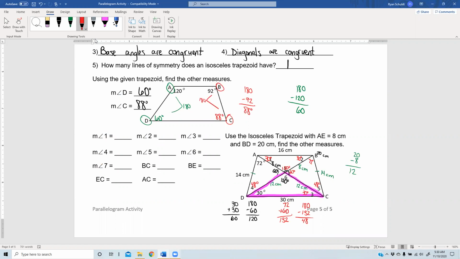Okay. It looks like we've got everything, so let's try to fill the blanks in and see if we can call it a day. So the measure of angle 1, we said that was 30 degrees. Measure of angle 2, we said that was 30 degrees. Angle 3, 30 degrees. Angle 4, we said was 48 degrees.